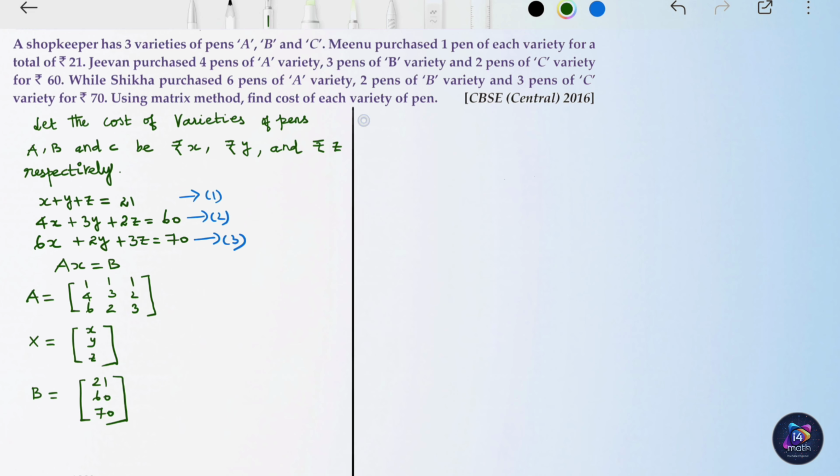So determinant of A is equal to... Now let us find the determinant of this matrix A by expanding the first row.